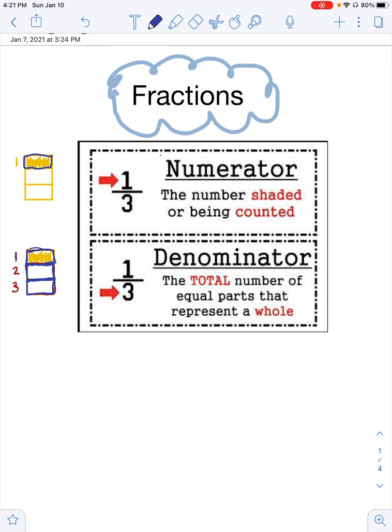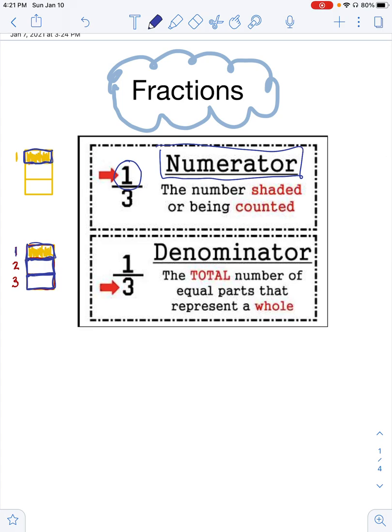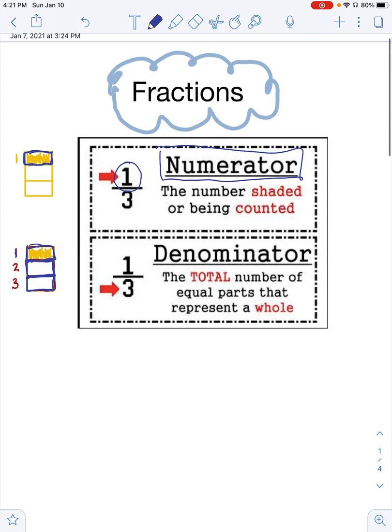Our two words were numerator, which is the top number of a fraction, and that is represented by the number that is shaded or being counted. So if you look over at this shape, there's one part that is shaded, so that's where that one comes from, which is the numerator. And our second vocabulary word is denominator, which is the bottom number of the fraction.